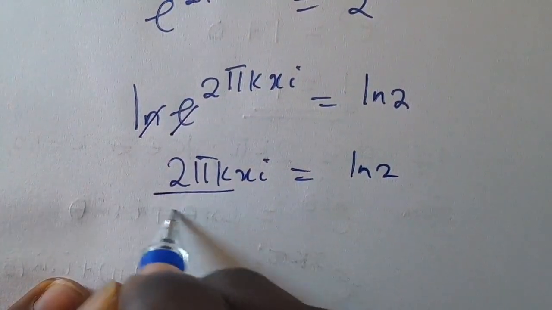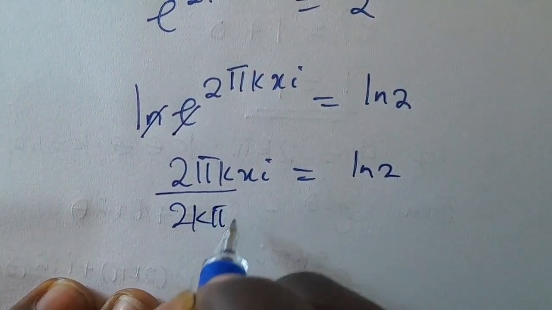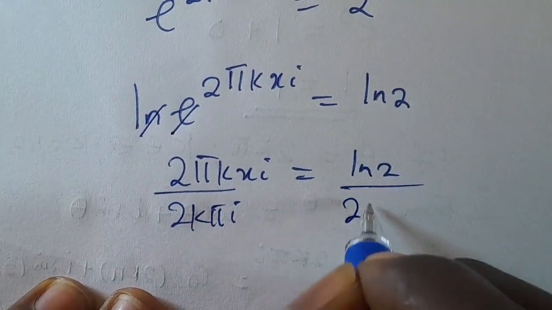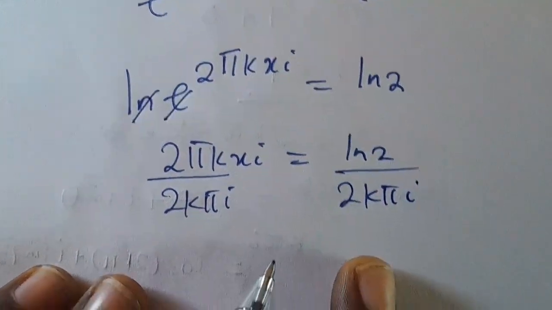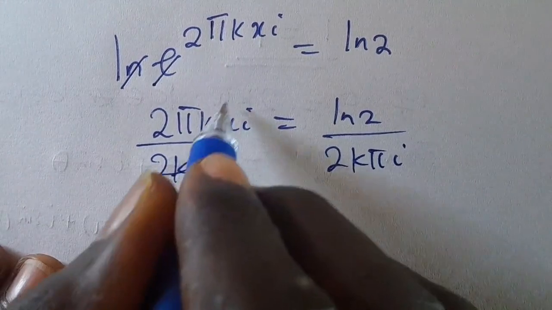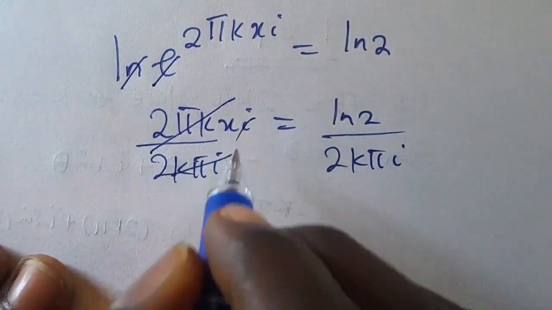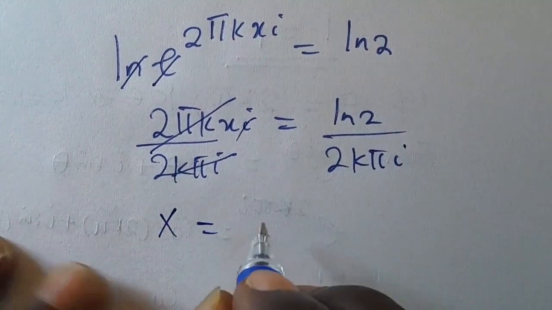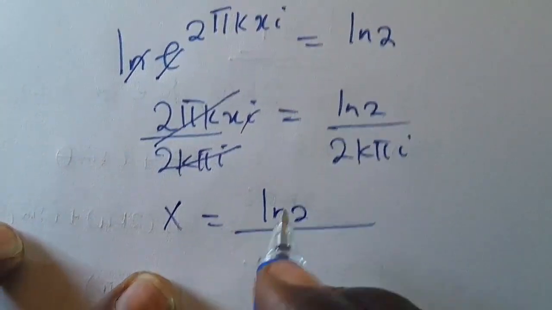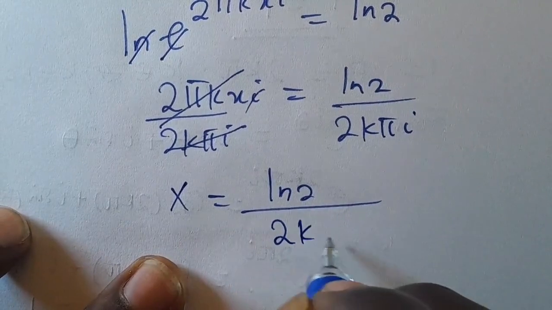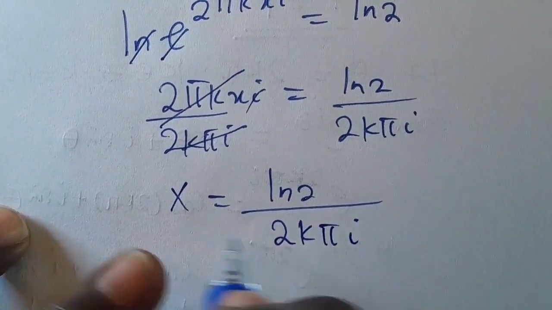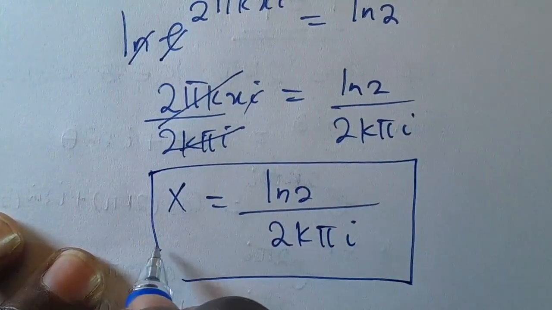And obviously we can divide by 2k pi i. This cancels this, and we have x equals ln 2 divided by 2k pi i. And that is the final answer for the value of x.